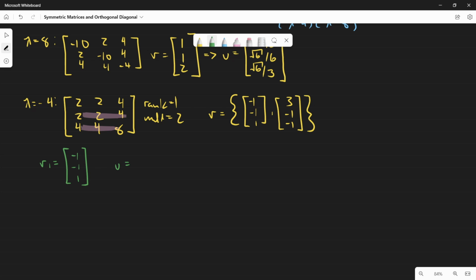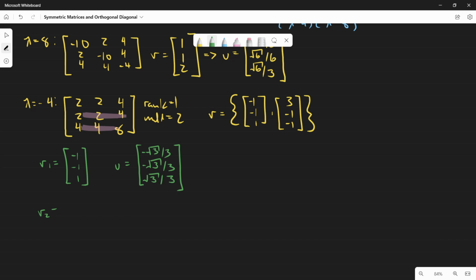So we can easily just convert this into a unit vector. So this would be negative root 3 over 3, negative root 3 over 3, and then root 3 over 3.